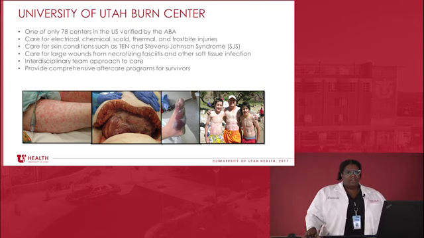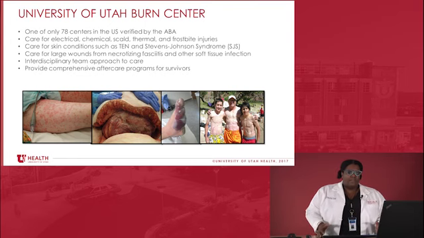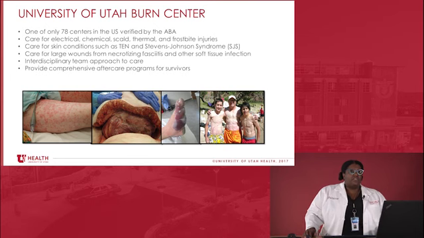We are taking care of all types of burn injuries, including cold injuries. We also care for skin conditions such as TEN, SJS, and we also care for necrotizing infections and other soft tissue infections. We have an interdisciplinary team approach to care, and this is how every single burn center works.